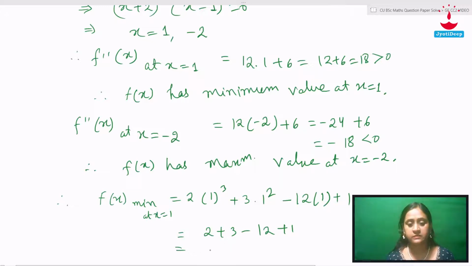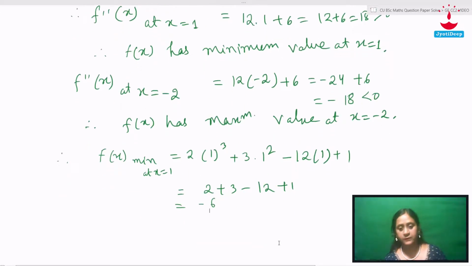This is equal to 5 plus 1, 6, that is minus 6. Okay, so F min is equals to minus 6.